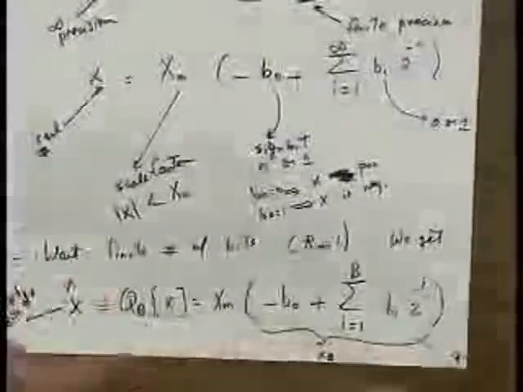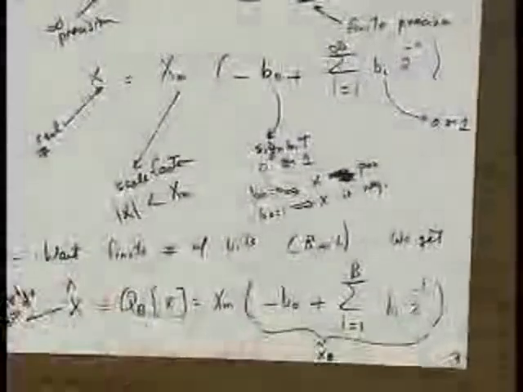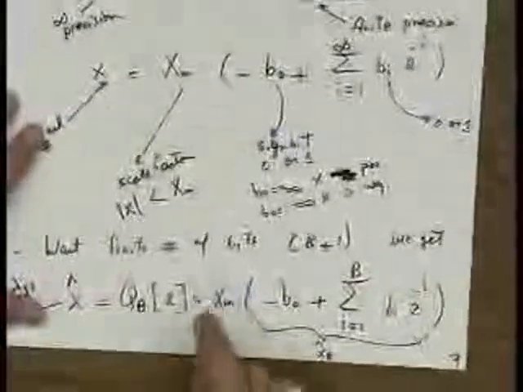Because if x of m is small, I quickly overflow and I'm done, and all the numbers are wrong. So for a fixed number of bits, to avoid overflow, I have to increase x of m. But if I increase x of m, then what's the downside of that? The error increases because we just talked about that. The smallest difference between them is 2 to the minus b x of m times delta. So if x of m goes up, delta goes up. And if delta goes up, the quantization error, which we just talked about, goes up.